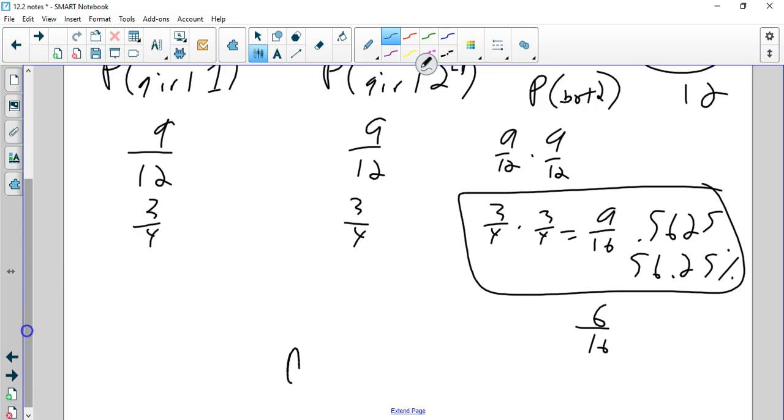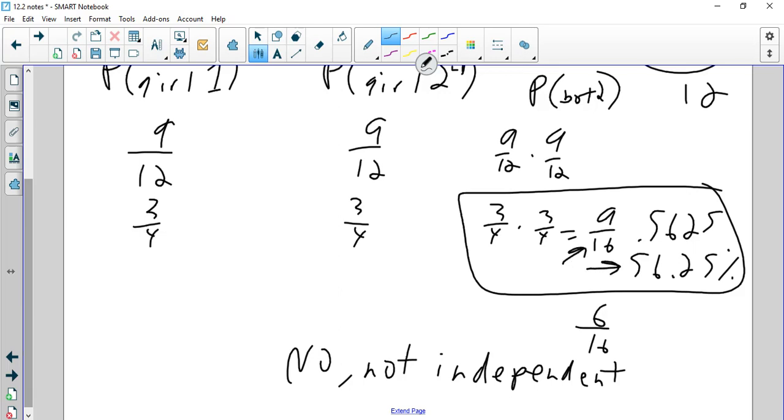So the answer is no, not independent. Again, to be independent, it would have to be the probability of 1 and the probability of 2 multiplied, which is this number, or this fraction. And when we actually look at the table, we got this fraction. Since they do not match, then the answer is no.